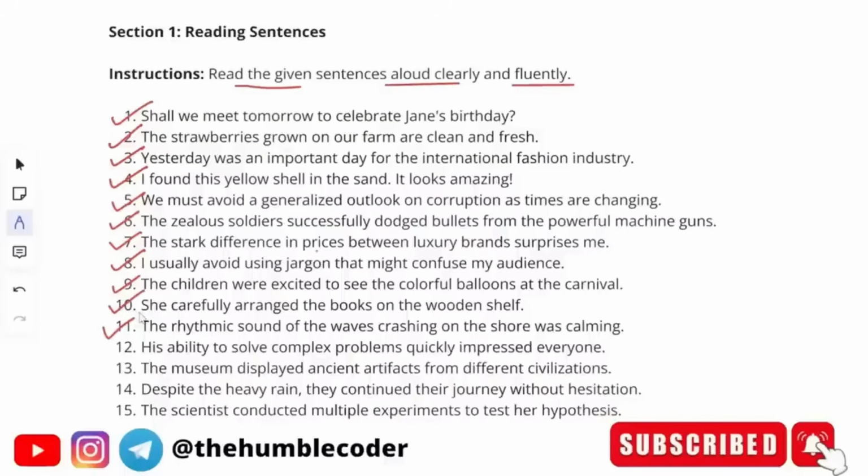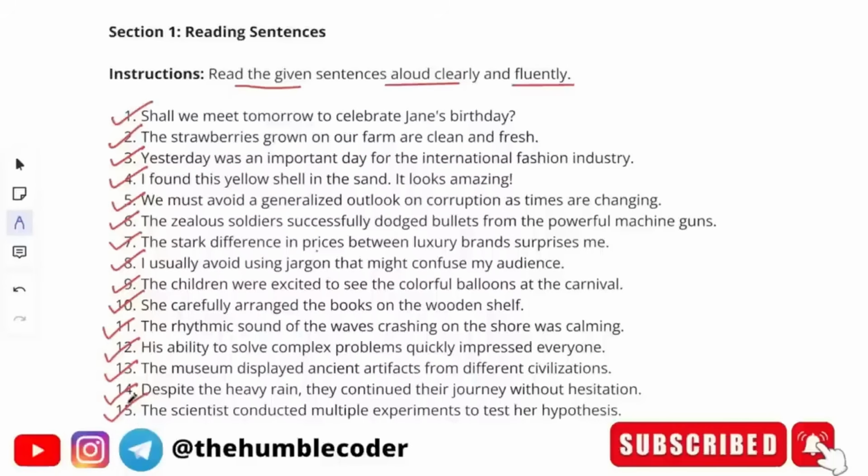The rhythmic sound of the waves crashing on the shore was calming. 12th, his ability to solve complex problems quickly impressed everyone. 13th, the museum displayed ancient artifacts from different civilizations. 14th, despite the heavy rain, they continued their journey without hesitation. 15th, the scientists conducted multiple experiments to test her hypothesis.